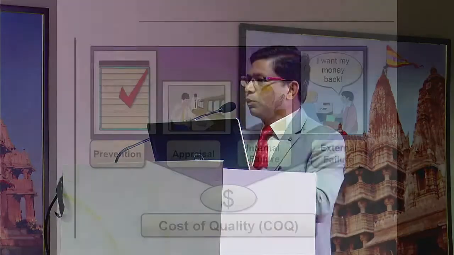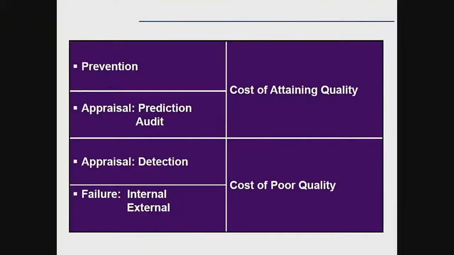When we talk about cost of quality, these are the four parameters of that: prevention cost, appraisal cost, internal failure cost, and external failure cost. I will go a little more in detail on that. What are those and what are the different factors? We have to capture this cost. The first two are the cost of conformance.